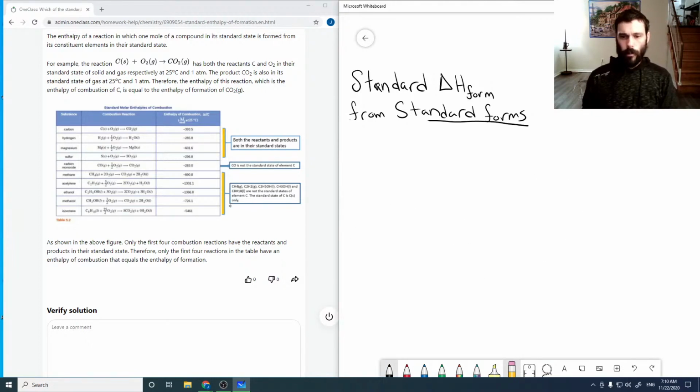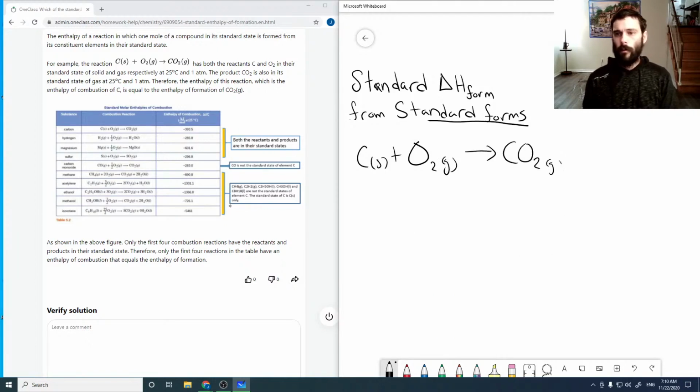So the first of these is C solid plus O2 gas goes to CO2 gas. So that is a standard enthalpy of formation, because carbon's in its standard form and oxygen's in its standard form.